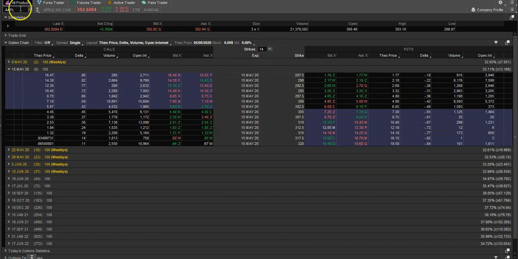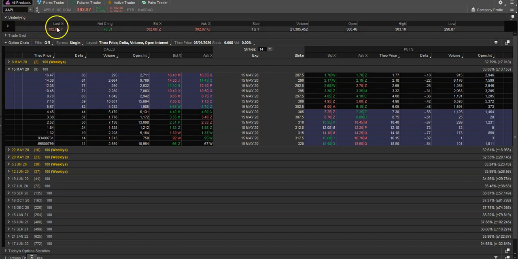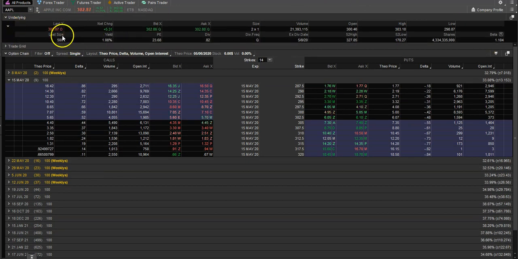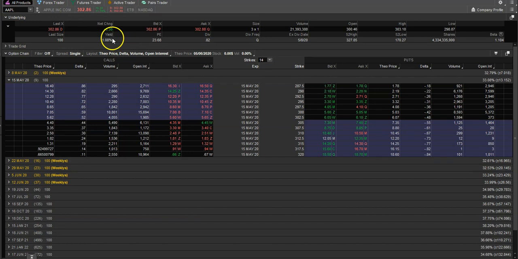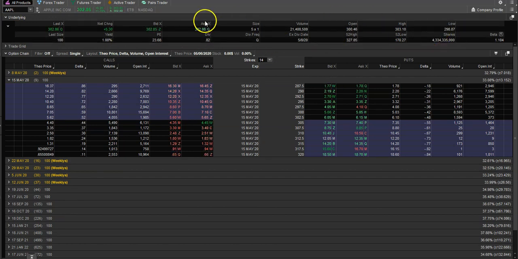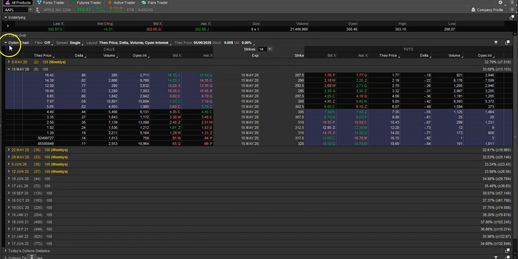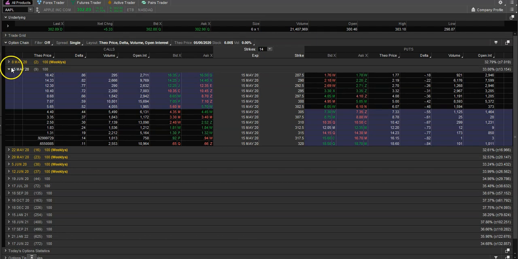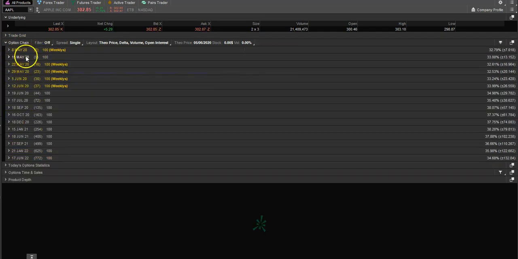So right here, if you type in the symbol Apple, you have your underlying, your last, net change, bid, ask, all of that of the stock. If you drop this down, you have last size traded, if it pays a yield, volume, shares, all that stuff. Second, if you open up the option chain right here, you have all your different strikes.